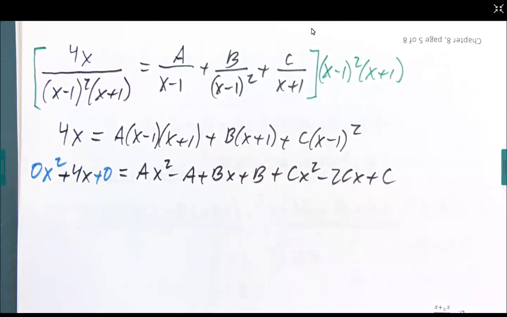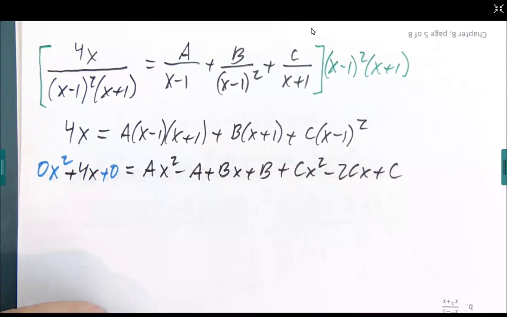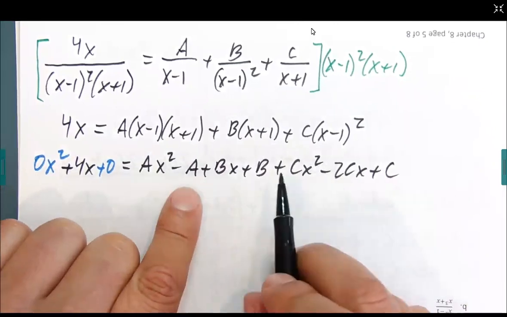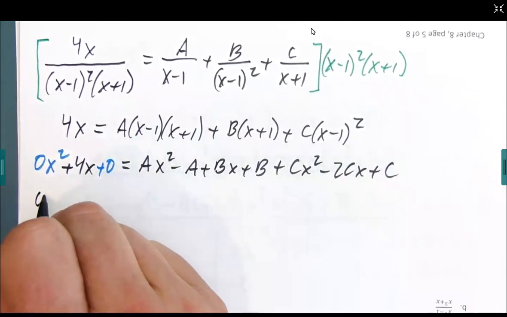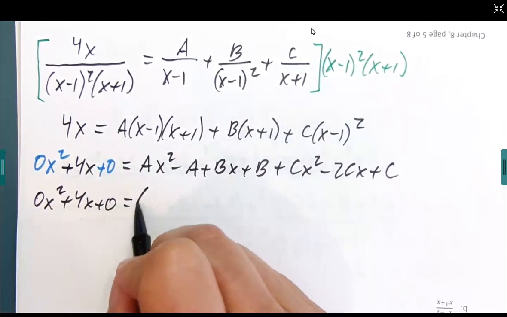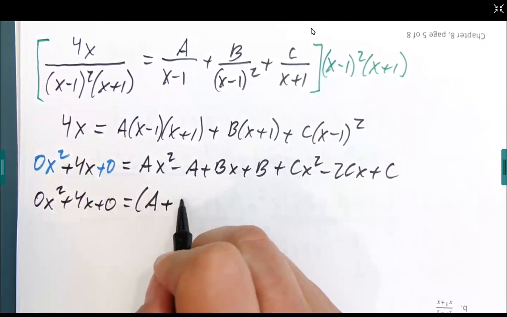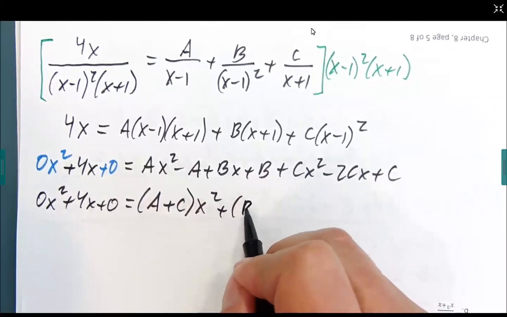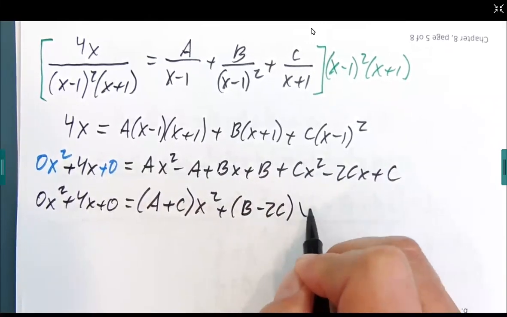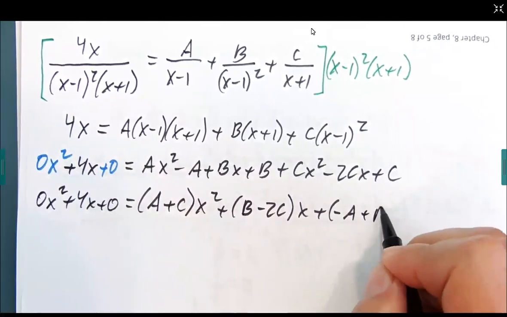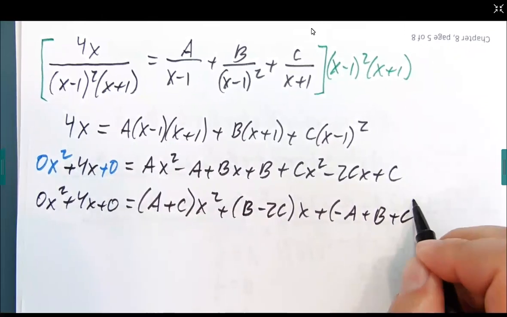Right. Again, this lesson's very algebra heavy, as you can see. I'm going to go ahead and rearrange it so that I get my x squareds together, I get my x terms together, and I get my non-x terms together. So a plus c times x squared plus b minus 2c times x plus negative a plus b plus c.